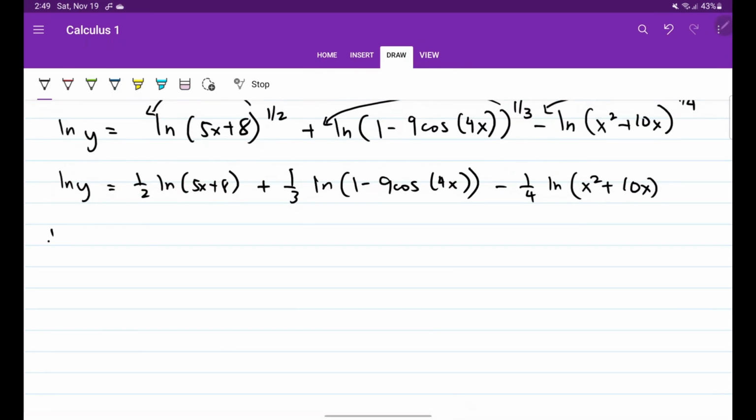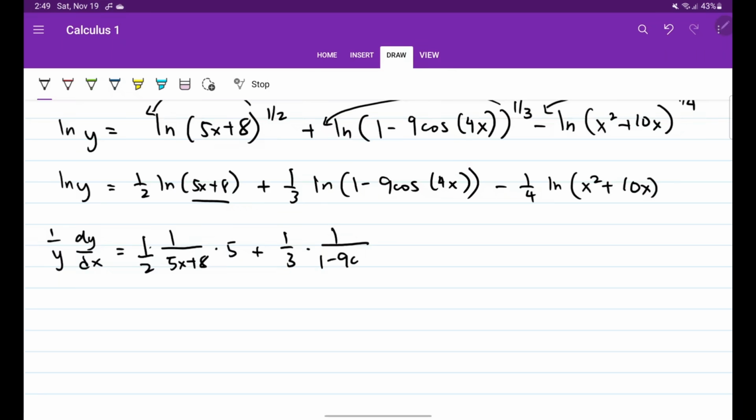So again, this is 1 over y dy over dx is equal to 1 half. Derivative ng ln 5x plus 8 is just 1 over 5x plus 8 times derivative ng loob, which is times 5 plus 1/3 times derivative ng 1 minus 9 cosine 4x. This is 1 over 1 minus 9 cosine 4x times chain rule.